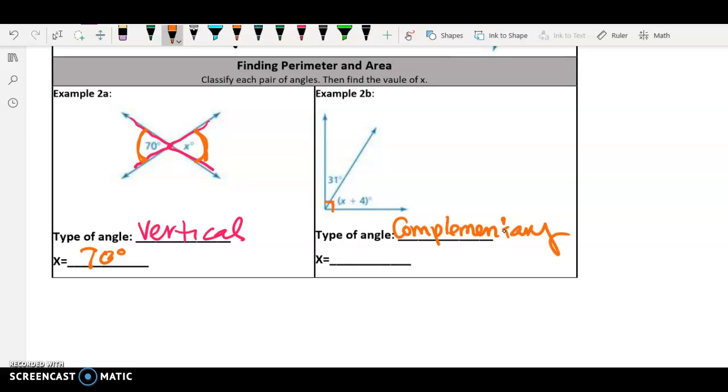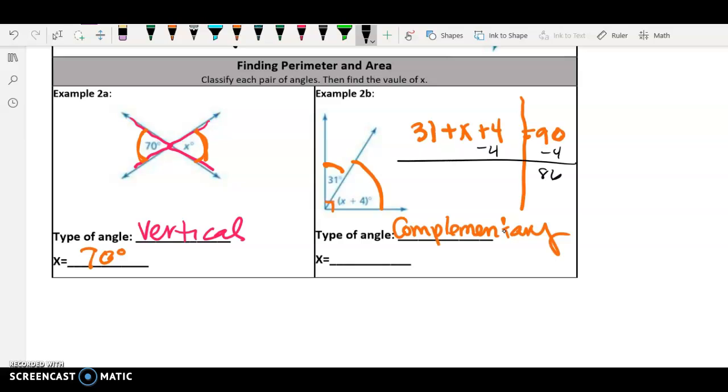And now we have to solve for x. So we know that it's going to equal 90 degrees. And so this angle here is 31 plus this angle here, which is x plus 4. And now we're going to solve. So this is just like what we used to do. So we're going to draw that line. And now I'm adding 4, so we subtract 4 from both sides.